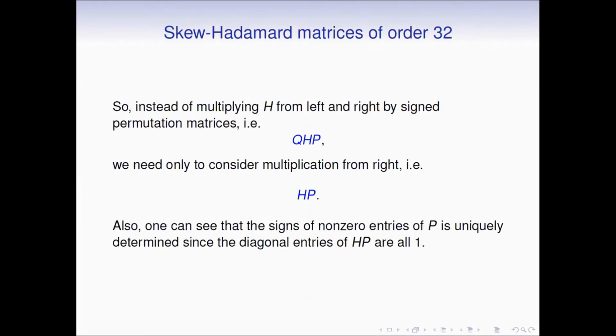So instead of multiplying H from left and right by sign permutation matrices and then seeing if it is skew or not, we just need to consider multiplication by right or left. Here we consider by right. It's the same, right or left.